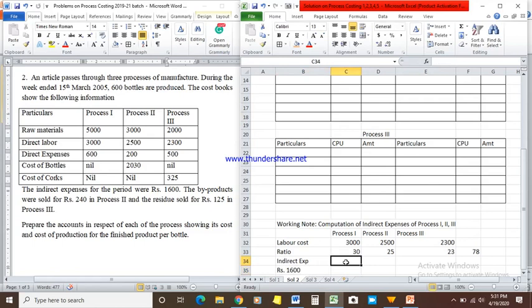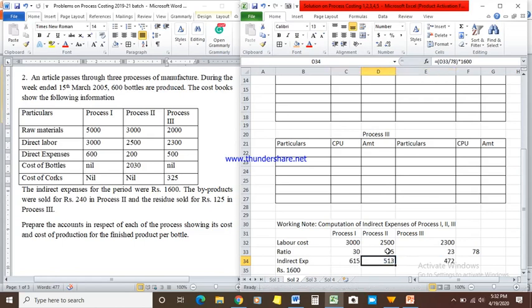So accordingly, what is the relative share of indirect expense for each process? That is 30 divided by 78. I just use a formula for a purpose of calculation. So this divided by 78 multiplied by 1600, and I just round it off to the nearest value.